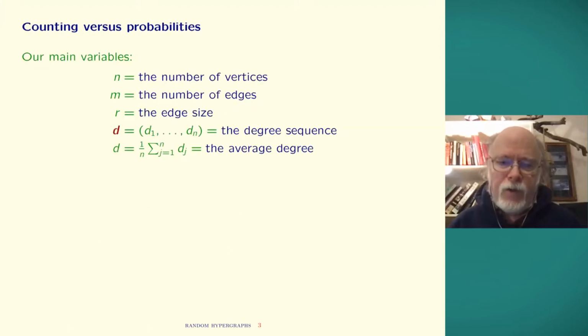I have to define a few variables. N is the number of vertices. M is the number of edges. R is the size of the edges, and all the edges are the same size. Bold red D is the degree sequence. That's a list of the degrees of the vertices. And little d is the average degree, just the average of the degrees of the vertices.